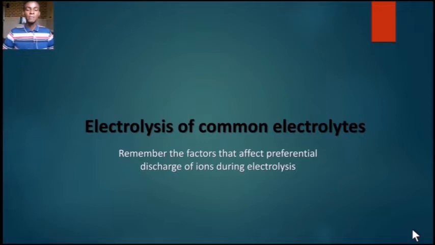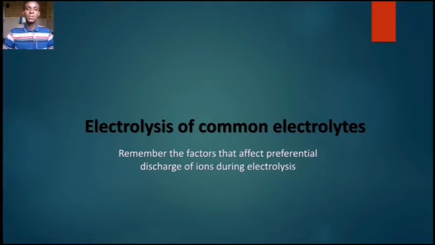The second factor that affects preferential discharge of ions during electrolysis, I said, is the concentration of ions in solution. I told you that if the concentration of one ion which is higher in the electrochemical series becomes higher than that which is lower in the electrochemical series, the first condition would not hold. Let's say there are two ions in solution and one is more concentrated than the other. If it is high in the series, it will be discharged only if it is close in the series to the other ion which is lower.